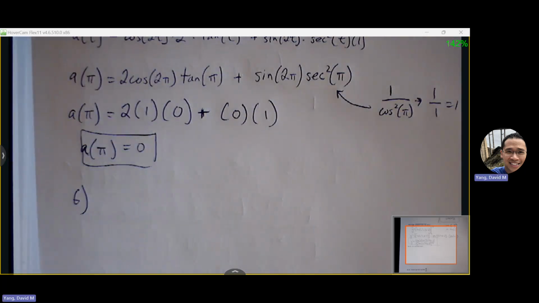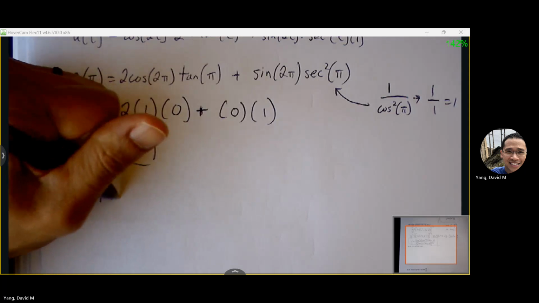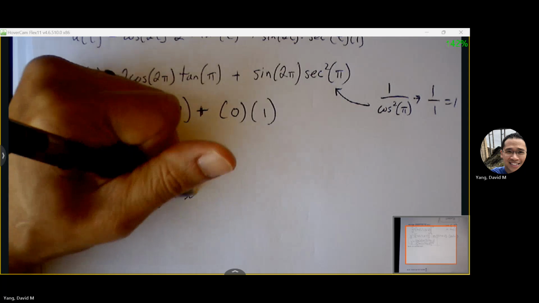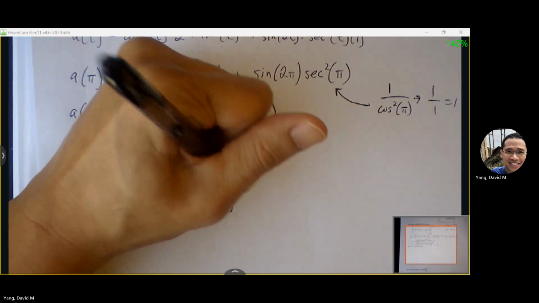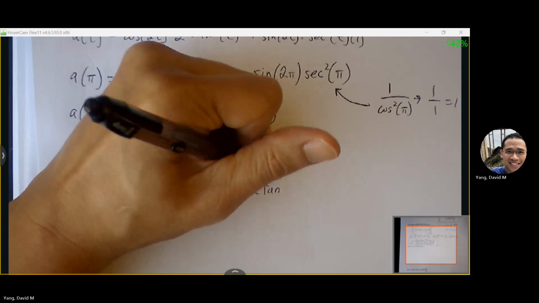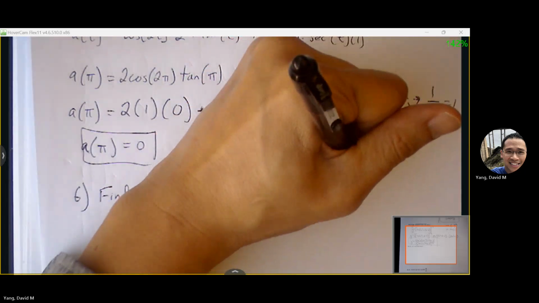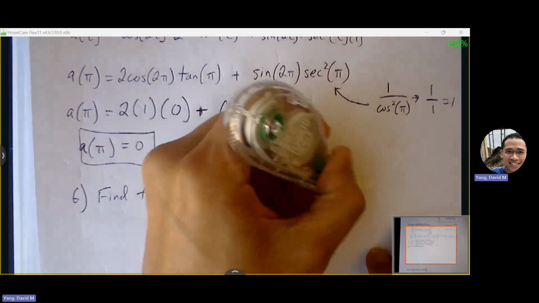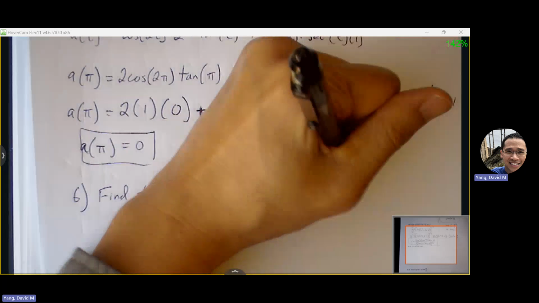Okay, last one, number 6. Find the equation of the tangent line. So we need to find order pair, find the derivative, find the slope, point slope form.